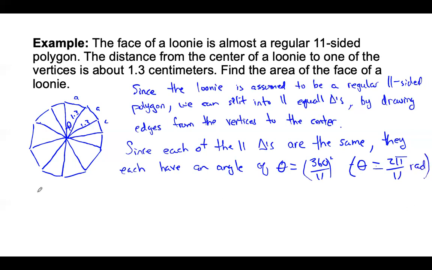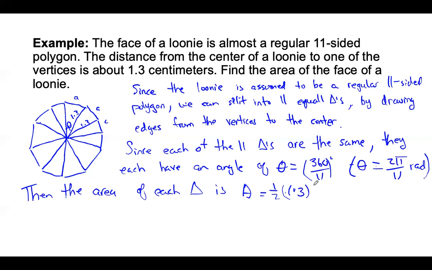Okay, so then the area of each triangle is just going to be equal to, well, we did this before. The area is going to be a half. We know one side is 1.3. The other one is 1.3.